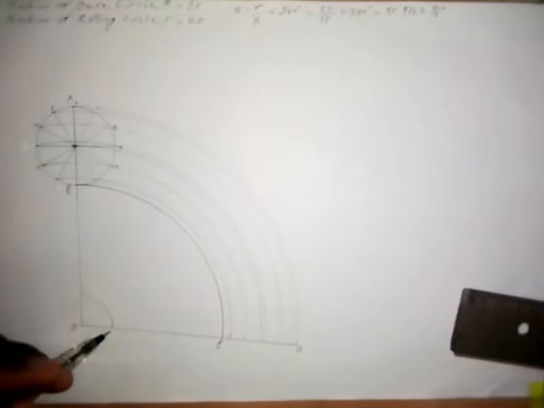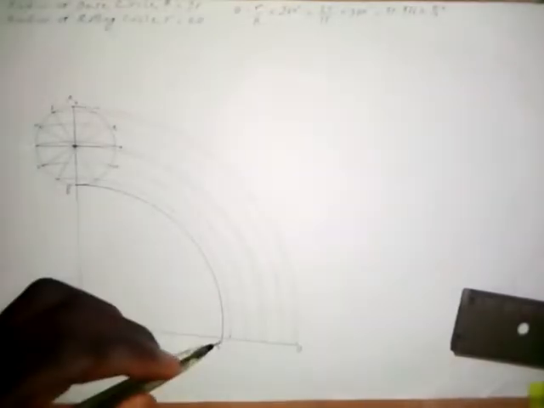Don't forget that the angle P0 O P0 is 96 degrees. So 96 divided by 12 will give us 8.